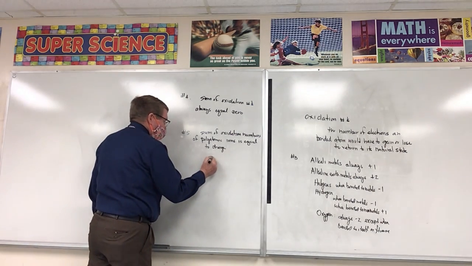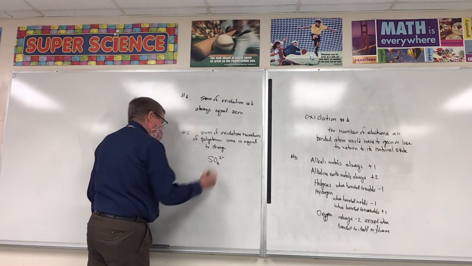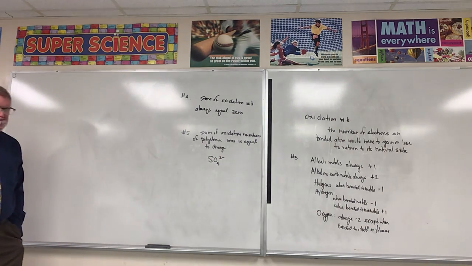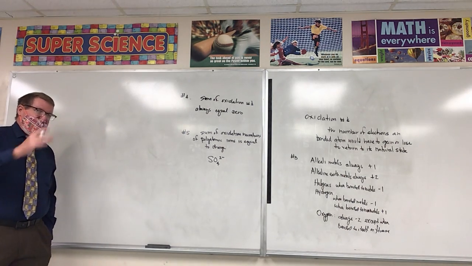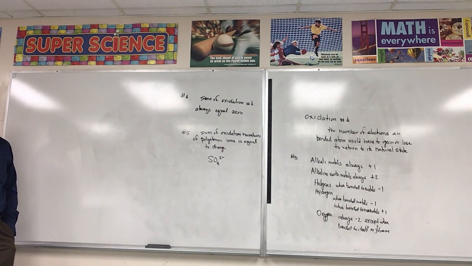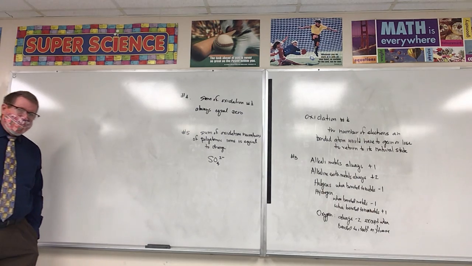So take for instance sulfate, SO4, 2 negative. All the oxidation numbers should add up to equal -2. The oxidation number of this ion itself would be what?